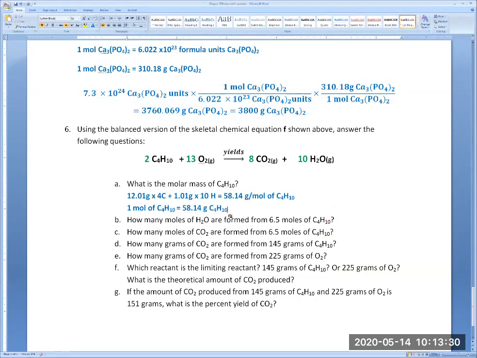So writing the molar mass this way shows you how you can use this as a conversion factor, because that's an equality, right? It relates the grams to the moles of a substance.